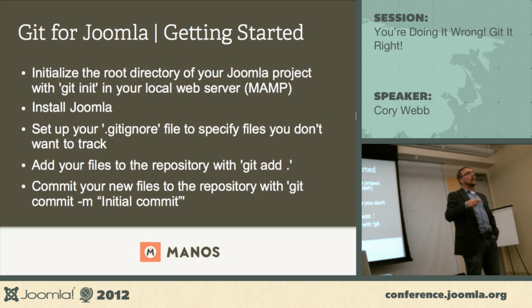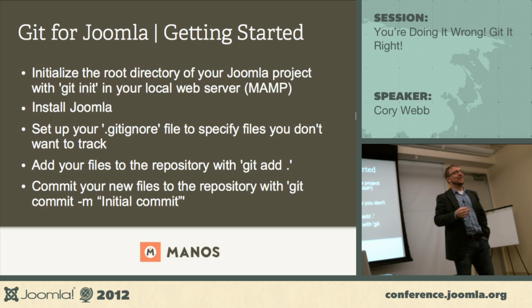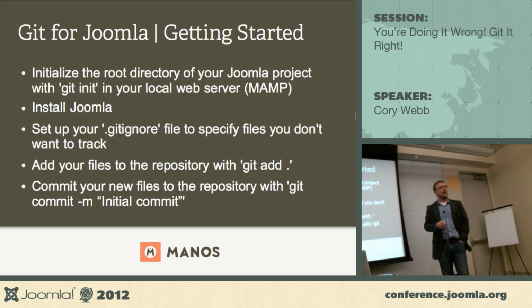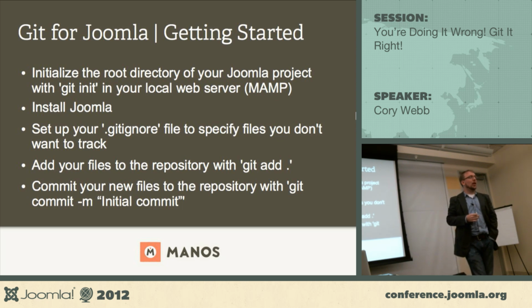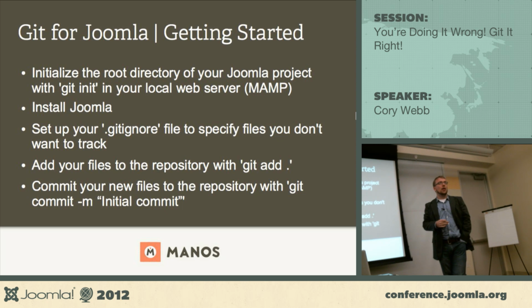If you want to track your own files but not the Joomla files, there's some kind of regular expression syntax within the gitignore file which allows you to specify the path that you want to track, and so it's actually adding then all the files that are not in that path.